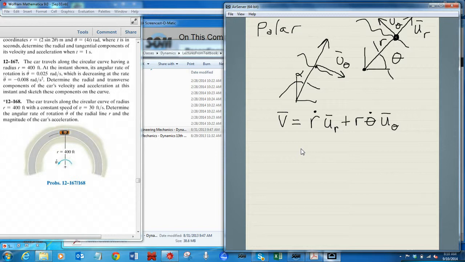Okay. The acceleration, you don't need a derivation for that either, right? But the result of the acceleration looks like this. Acceleration equals, let's see, I'm working off of memory.